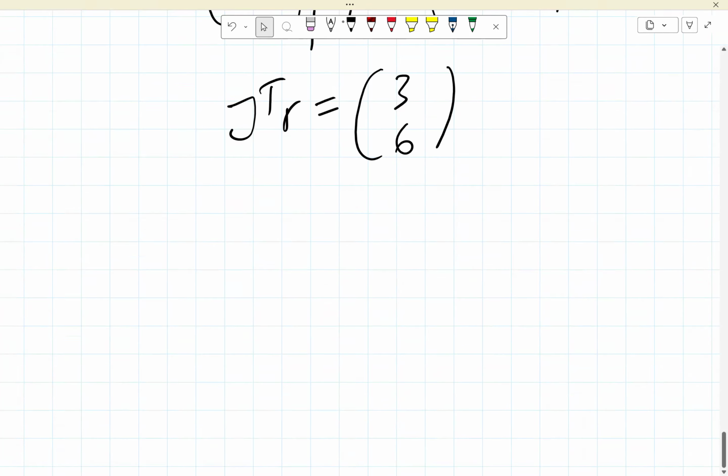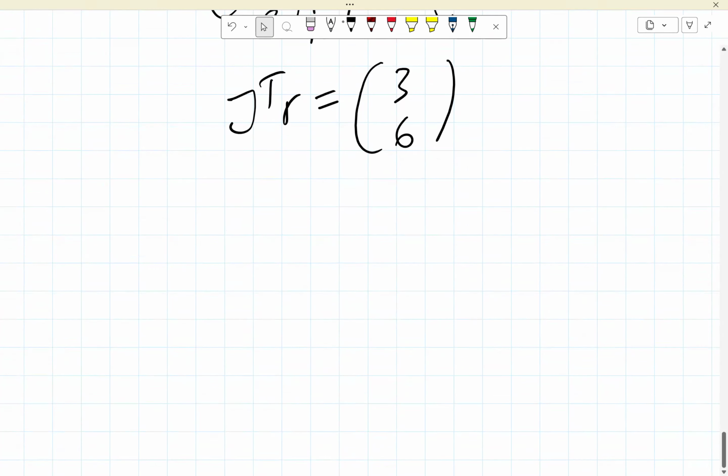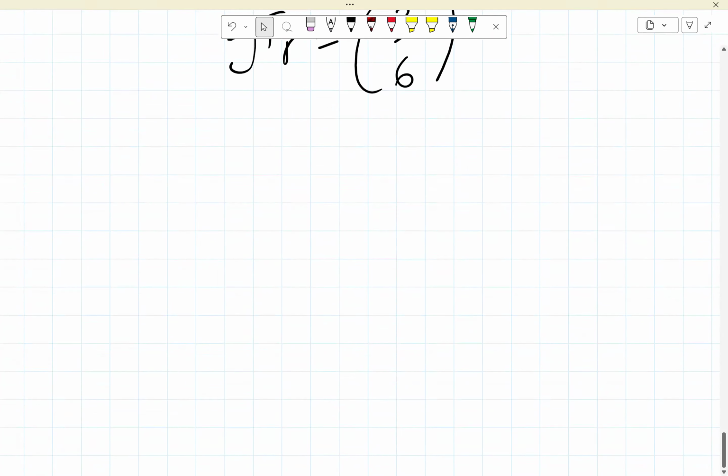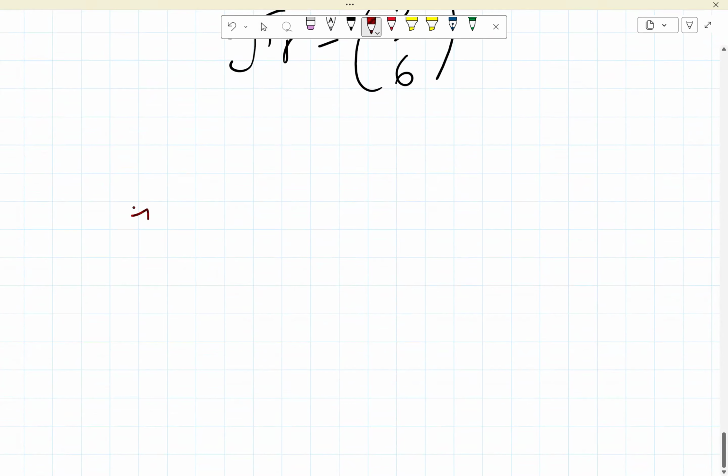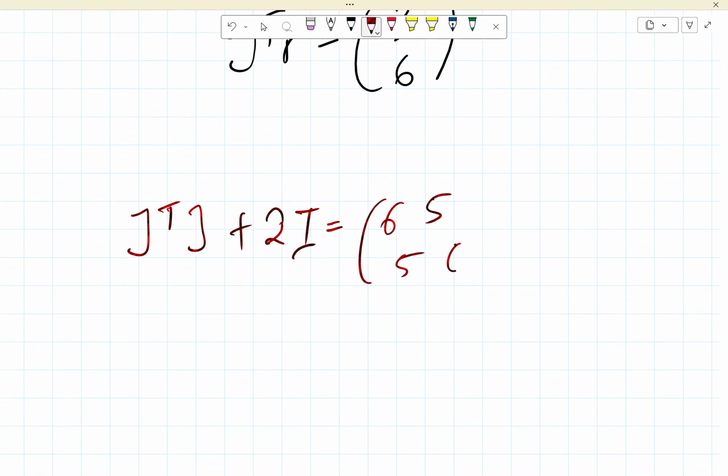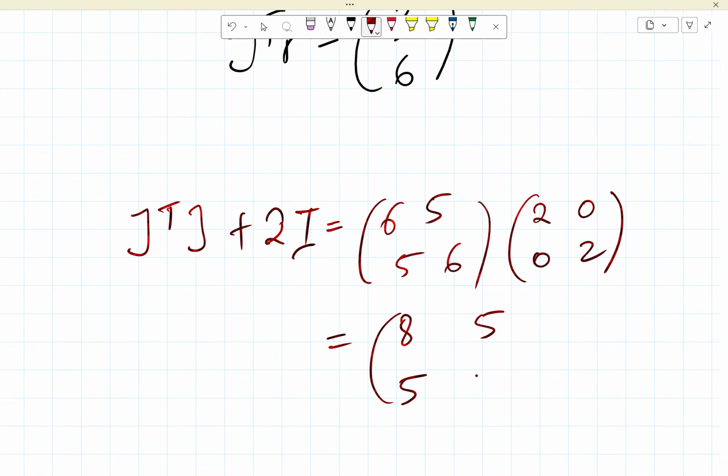Then J transpose J plus 2I is 6, 5, 5, 6 plus 2 times the unit matrix, that's 2, 0, 0, 2, which gives 8, 5, 5, 8.